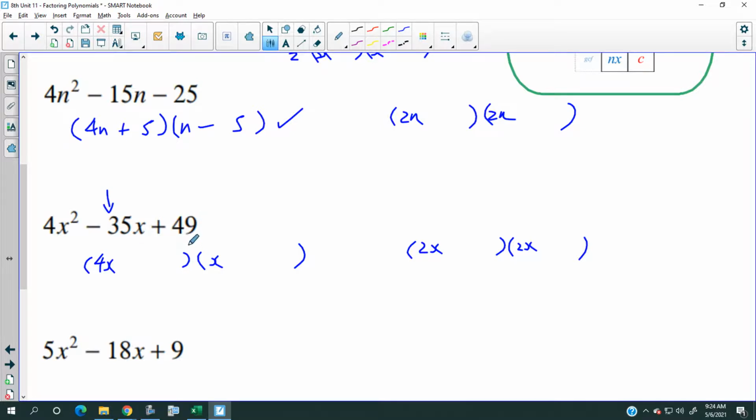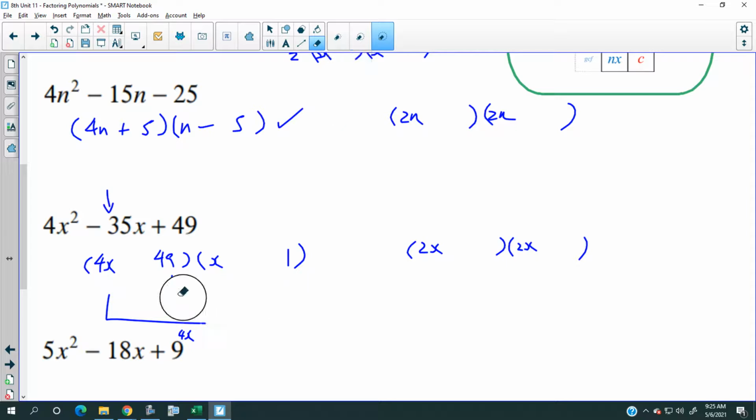So if it's 49 and 1, there's a possibility that could work, but it's still not close enough. Because 49 times x is 49x, and that's just 4x. So that would give me 45, not 35. So that one didn't work out.